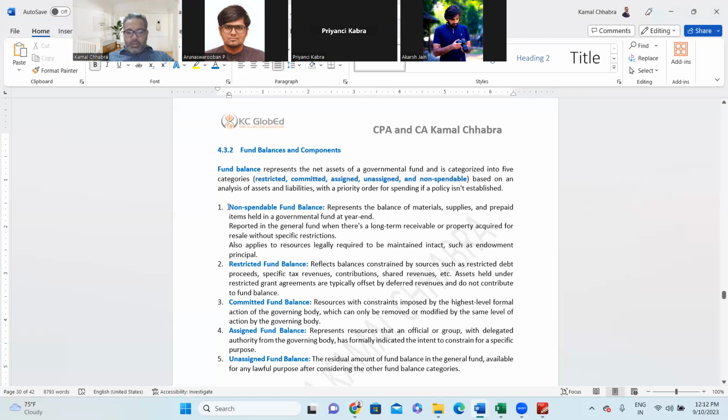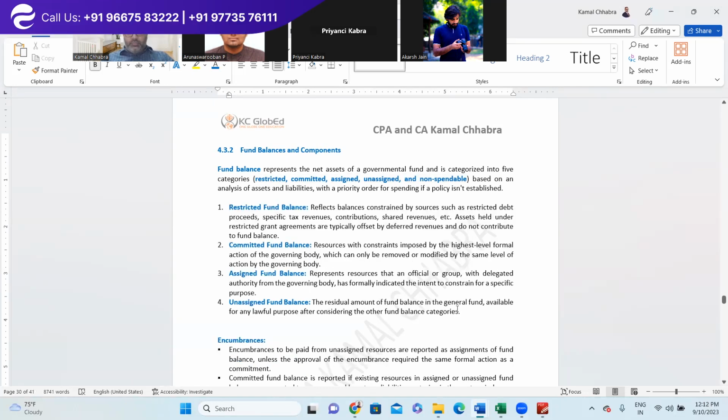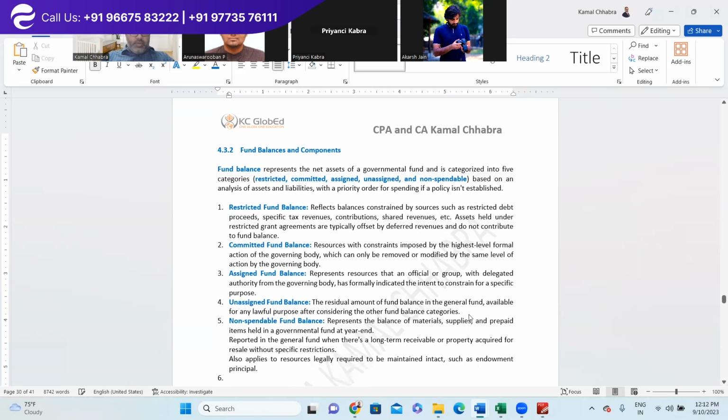Let me reshuffle them in this sequence. First one is restricted, second is committed, third is assigned, fourth is unassigned, and fifth one is non-spendable. So what is restricted fund balance?